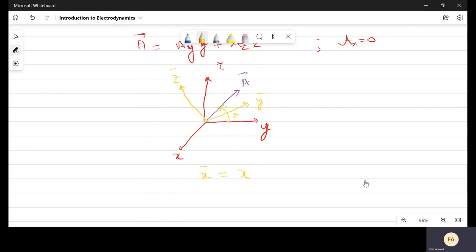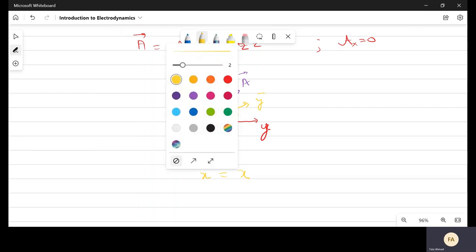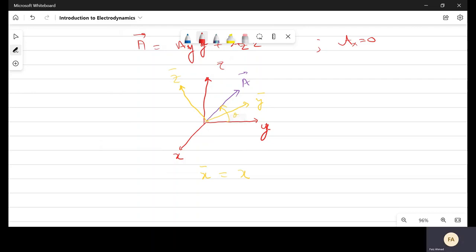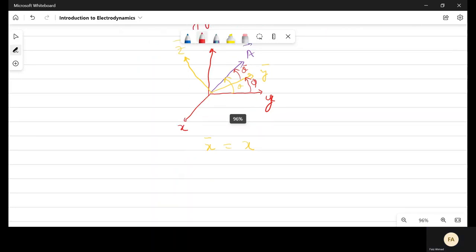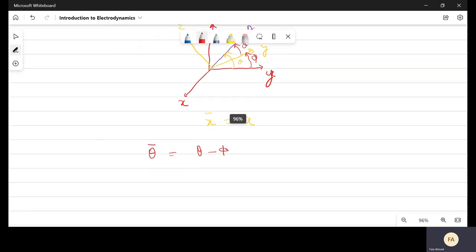Now the angle between the new frame and the vector A is theta bar, and this angle is phi. We rotated the frame by angle phi. Now what is theta bar? Theta bar will become theta minus phi.